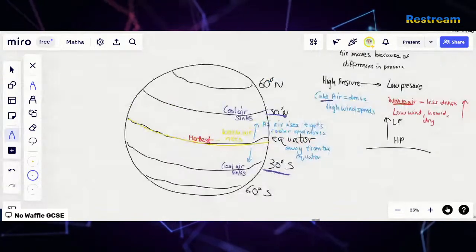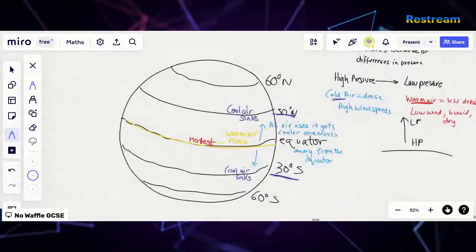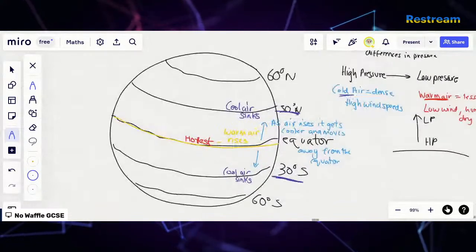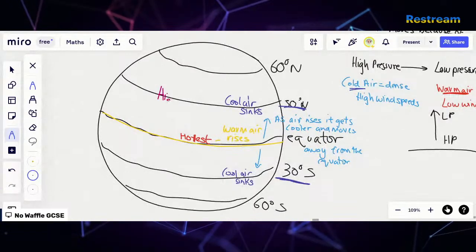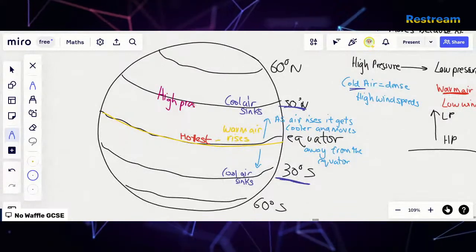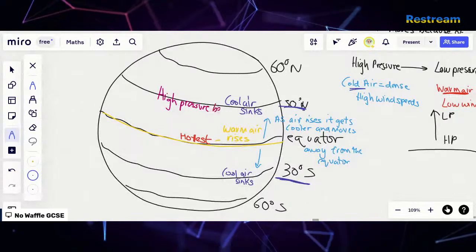Now, this creates something called a high pressure belt. This is just some terminology that would be helpful. So this is called a high pressure belt, and that as well.